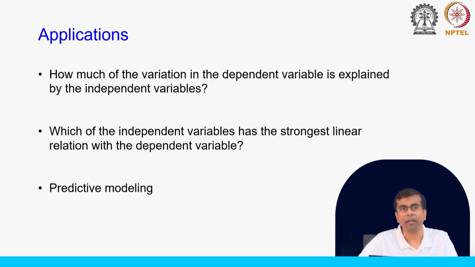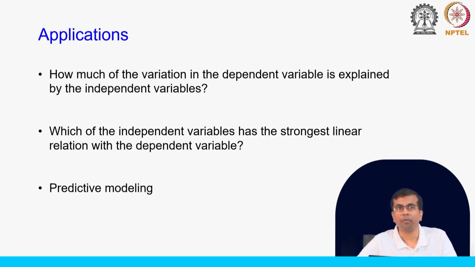And finally, we can use these models for predictive modeling, and this is very, very useful in many cases. When I say predictive modeling, we want to predict the outcome based on the model that we have built. Okay. So, let us say we have built a simple linear regression model where we have y and x, one dependent variable and one independent variable.